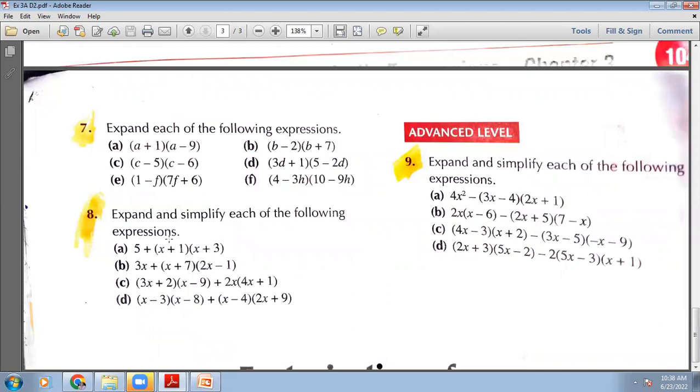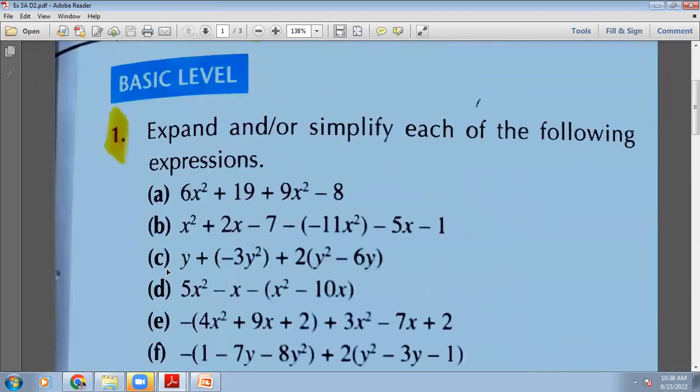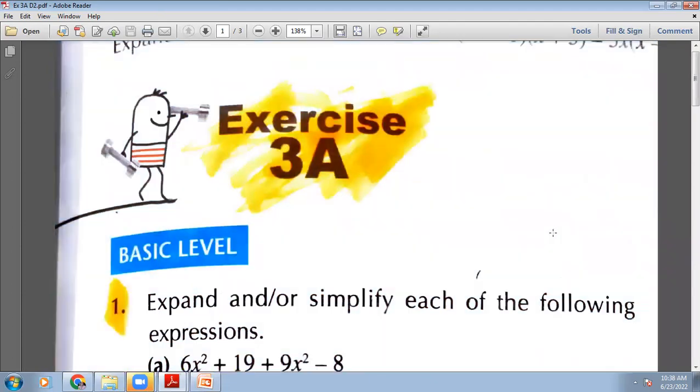In this video, let's stop it here, because I have a limitation of Zoom, the software in which I am doing the recording. So I cannot go beyond 40 minutes. Today we have attempted exercise 3A from the D2, in New Syllabus Mathematics 7th edition.